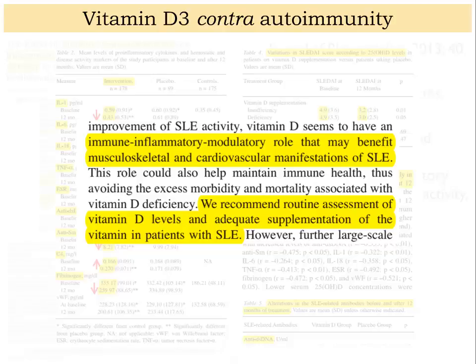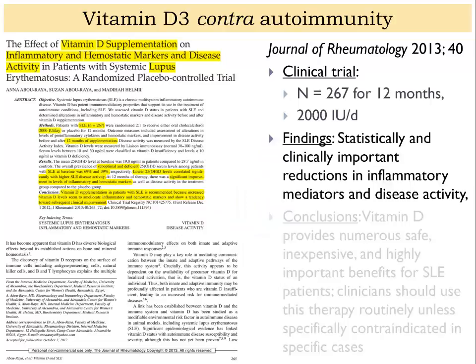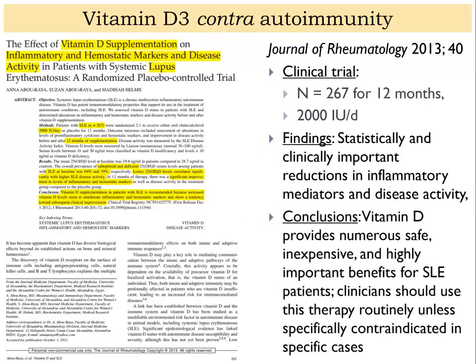I think that their use here of 2,000 units was a little bit on the low side, but they still got excellent results. So again here, vitamin D was proven to provide safe, inexpensive, highly important benefits for these SLE patients, and the conclusion from the authors, which I also support, is that clinicians should use this therapy routinely unless specifically contraindicated in specific cases.